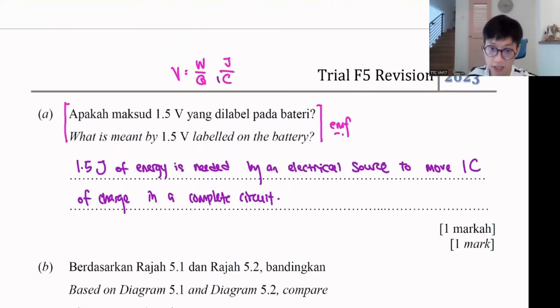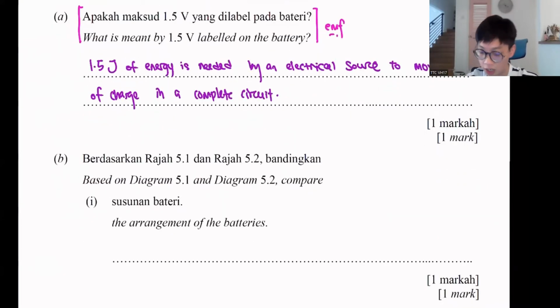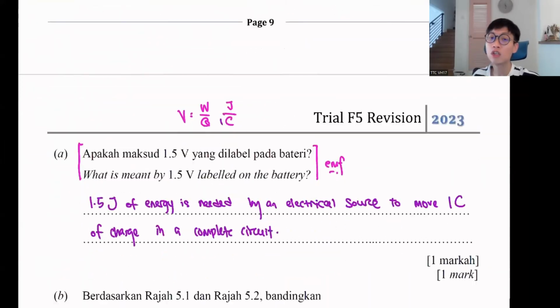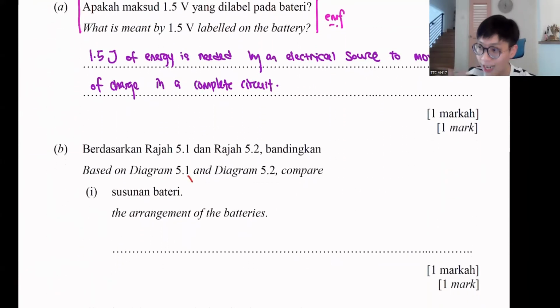Okay, then next. We will compare the arrangement of batteries. 5.1 is in series, 5.2 is in parallel. When you compare, you cannot say 5.1 is higher than 5.2.